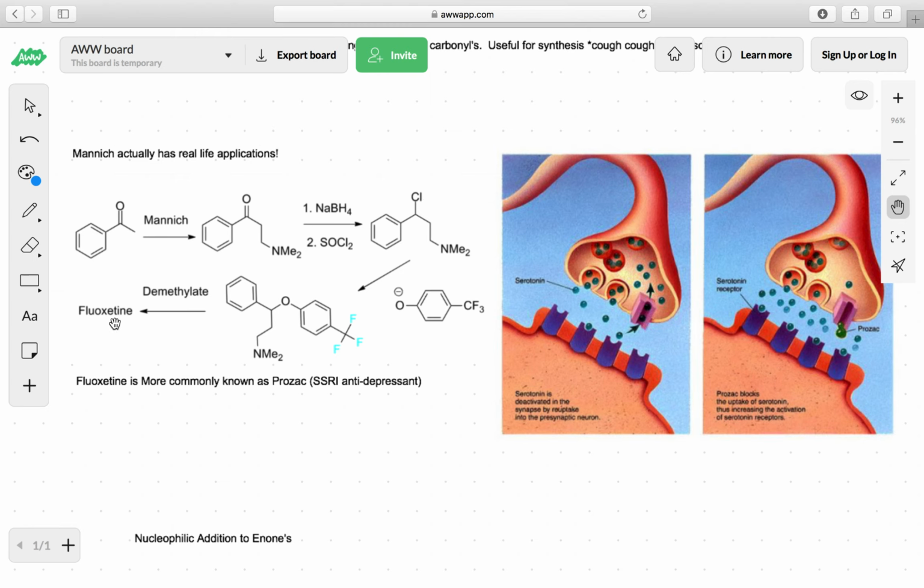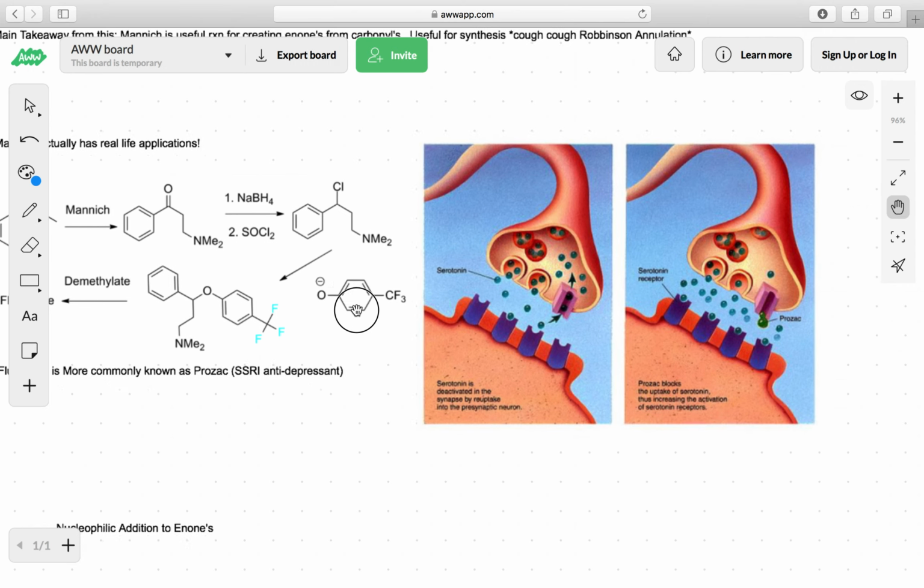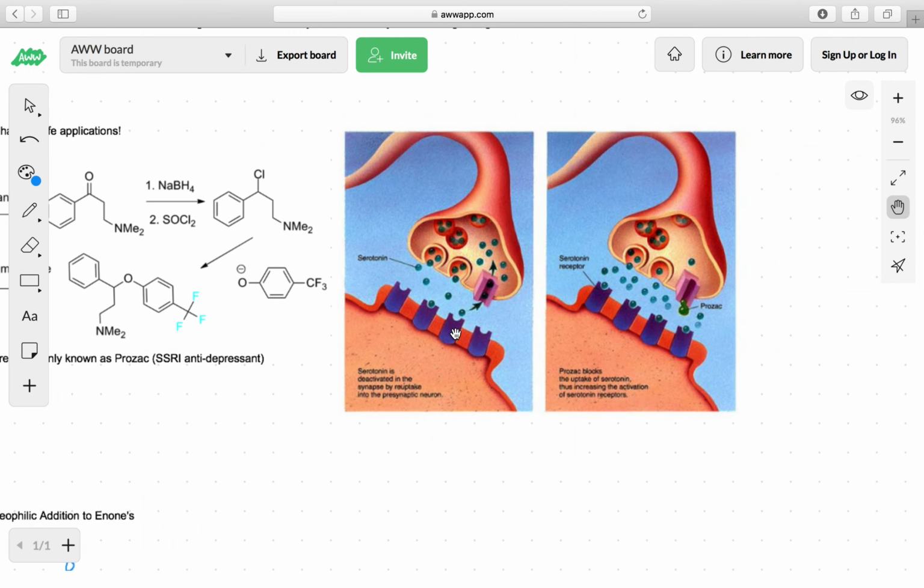This compound is more commonly known as Prozac, which is an antidepressant, and it works by acting as an SSRI, a selective serotonin reuptake inhibitor. So when you have a synapse, usually your synapse that releases serotonin will release it into this cleft, and it'll bind to these serotonin receptors. And serotonin is like a feel-good hormone, so you want more of it if you want to be happy.